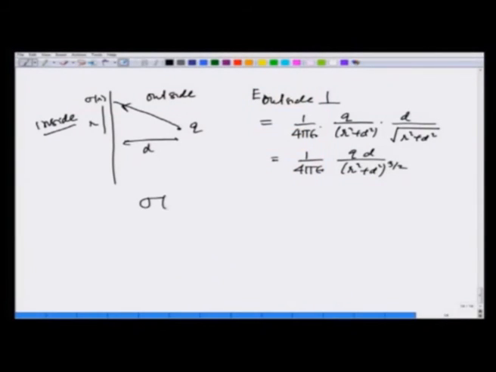Now, sigma r, as I said earlier, gives me a field sigma over 2 epsilon 0 going to the right and sigma over 2 epsilon 0 going to the left.